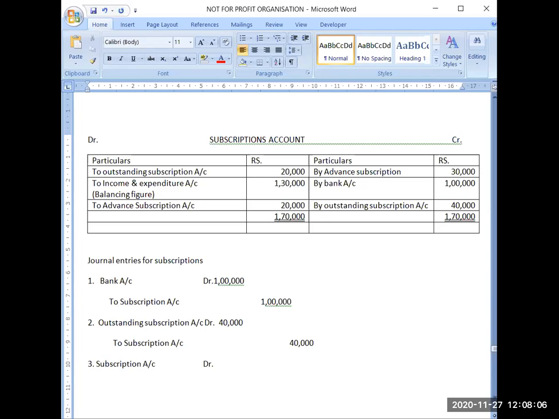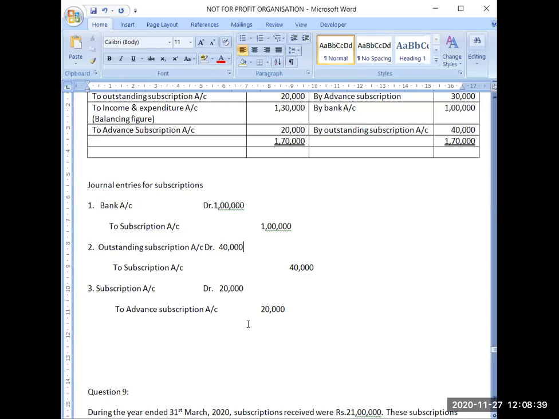Now what is the name of my liability? The name of the liability is to advance subscription account. And the advance subscription received is 20,000. Now when I will move to the next year, what will happen? This asset will be finished.